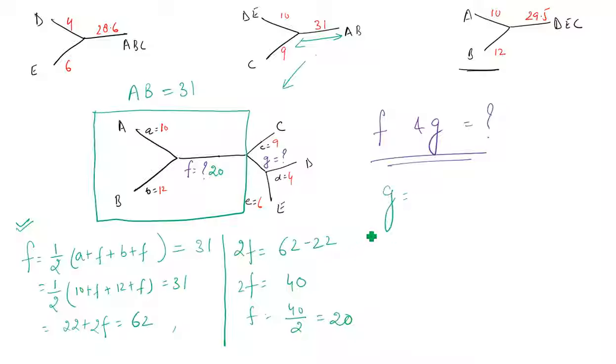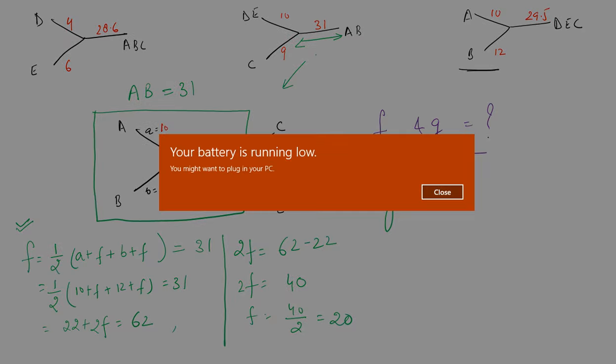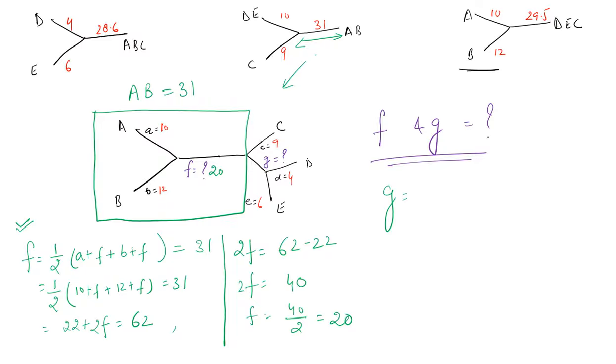We have to calculate the branch length of G. If you see this tree here, this value was 9 and the C branch was connected.